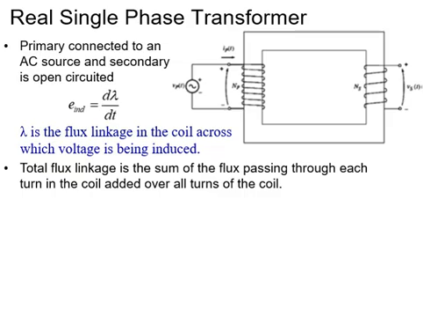As we know from Faraday's law, E induced is equal to the rate of change of lambda, where lambda is the flux linkage in the coil across which voltage is being induced. So in this case we are going to induce the voltage across the primary coil.